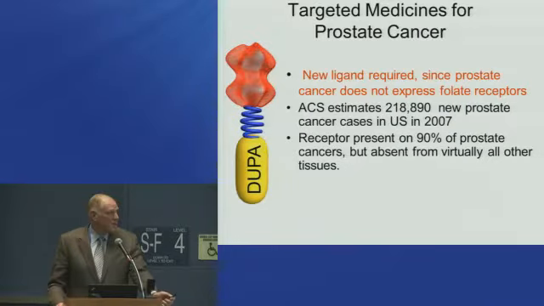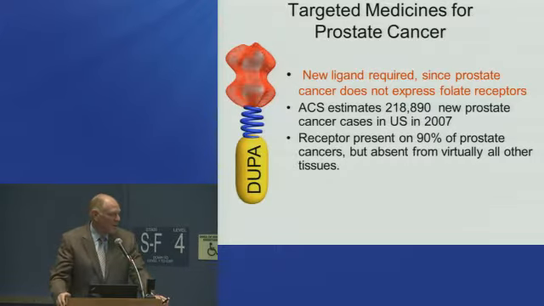And one of those was prostate cancer. And the American Cancer Society estimates there are about 220,000 new prostate cancer cases in the U.S. each year. And a receptor called prostate-specific membrane antigen, which we've used a molecule called DUPA that it's just an acronym for the chemical name, that binds with very high affinity.